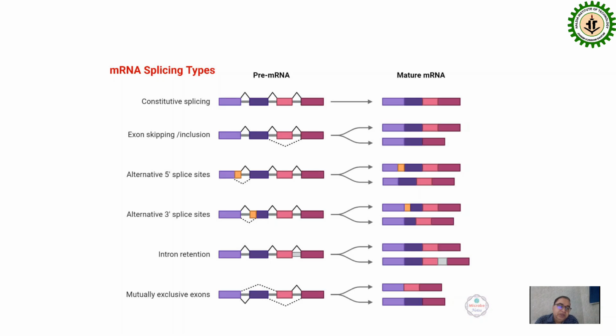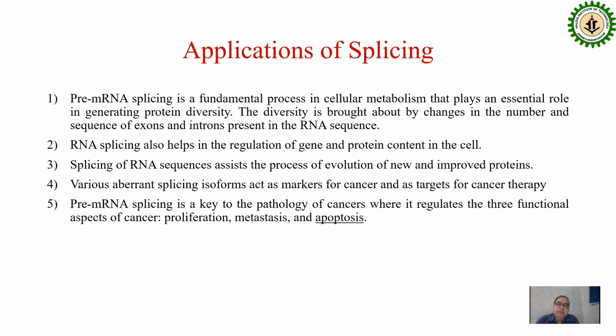It has become easier to study the alternative splicing mechanisms and also to study the variants. It has particular relevance in agriculture and also in medicine. So what are the applications?